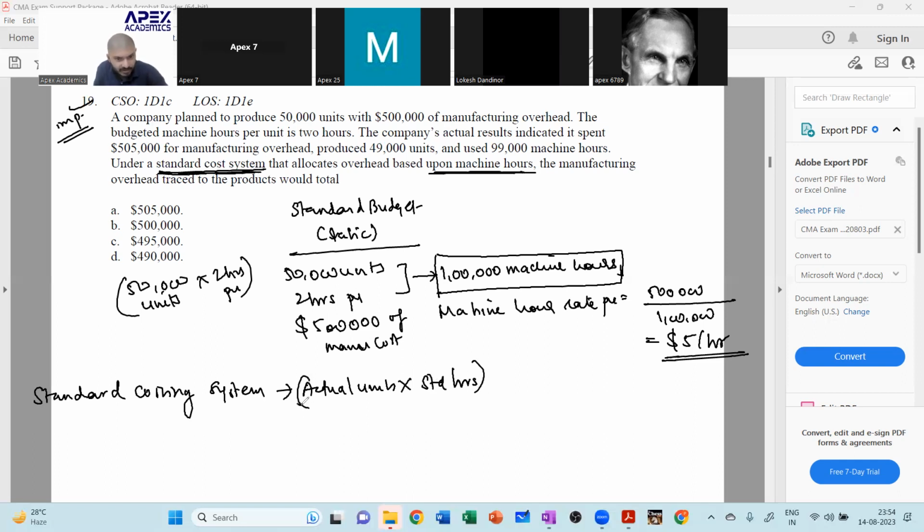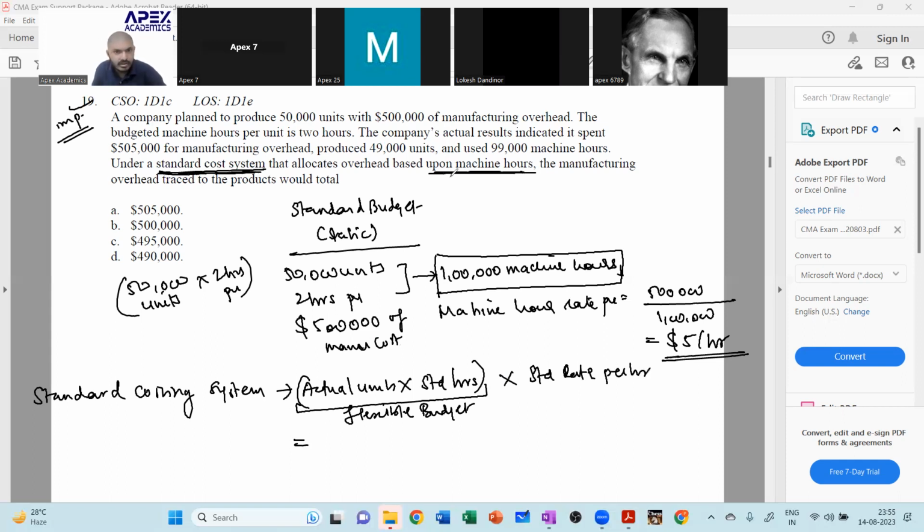What happens because of this? This is nothing but a flexible budget. And standards use only standards, so flexible budget is a must. So this is flexible budget: actual units multiplied by standard hours multiplied by standard rate per hour.